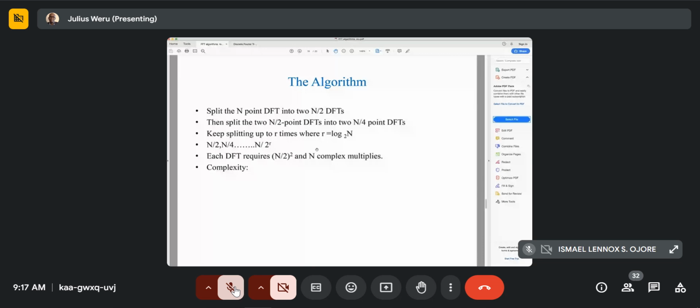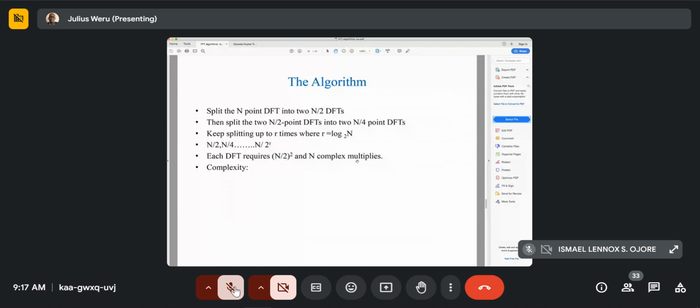Then you split those into 2 n over 4 DFTs. Keep splitting up to r times, where r is log 2n. So these are the splits. Each DFT requires n over 2 squared plus n complex multiplies.